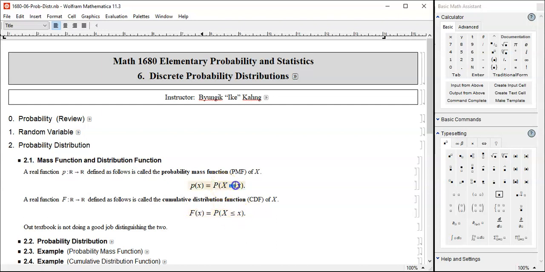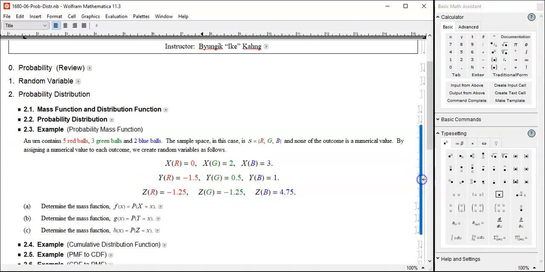Here we have capital X equal to x. Here we have less than or equal to x. That's the difference. But then again, it's really hard to understand what is what just by looking at these symbols because they are so confusing. We have small p and big P and capital X and small x. Which is which? It's really hard to follow. So let's begin examples, and I hope examples will help you understand better.